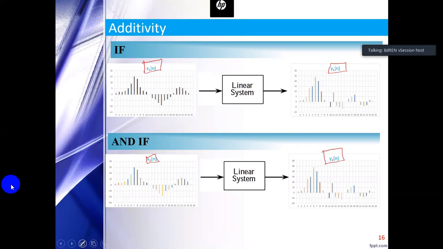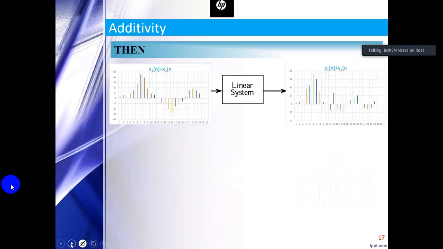Now, if these two signals are fed together at the same time, that means the sum of x1 and x2 at the input, then if the system has the property of additivity, the output should be the sum of y1 and y2.